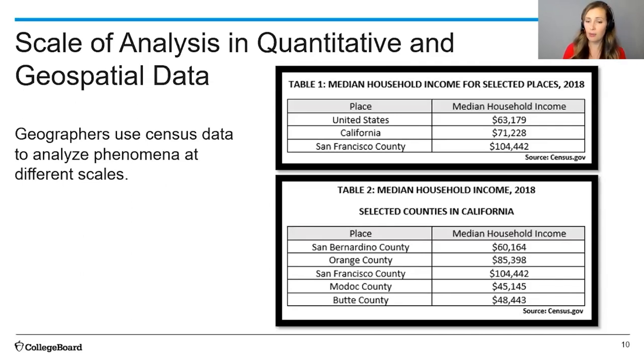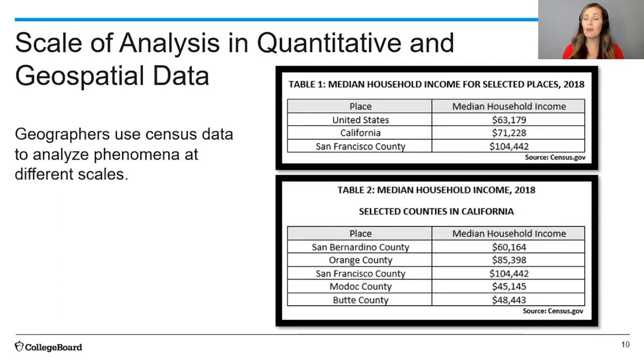Now, in the second table, you'll see that it is median household income in selected counties in California. So all of the information in this table is presented at the same scale, at the county scale. And you can see that the data, the median household income, varies widely between the different counties.